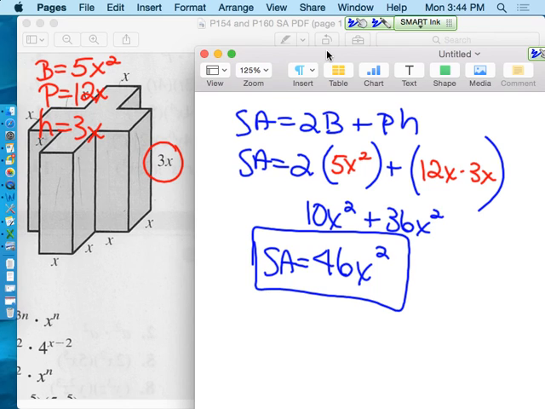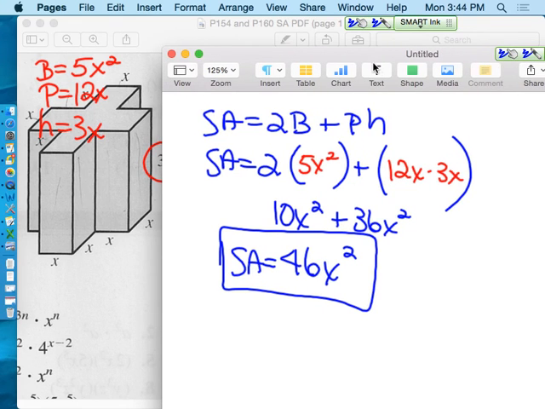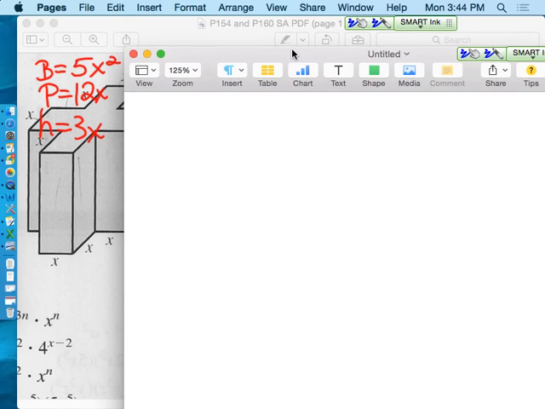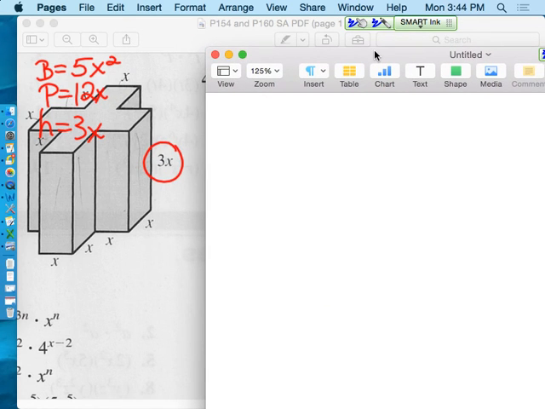Now the book does not ask you to calculate volume, but I'm going to go ahead and calculate volume as well. The volume would be the length, width, and height.